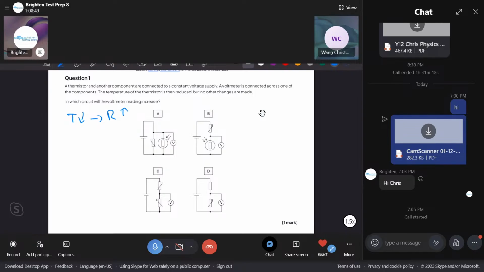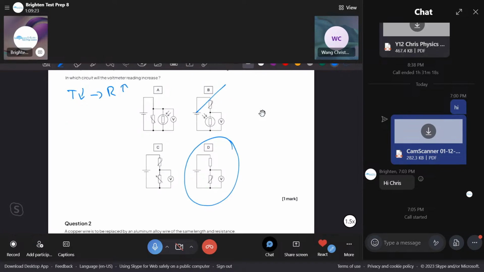So A and B are wrong. Okay. And so we only look for when the voltmeter is measuring the thermistor. So D. Okay, good. No, very good.